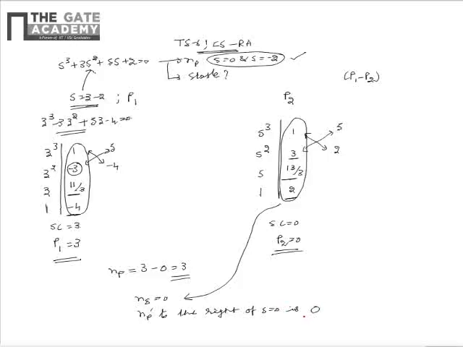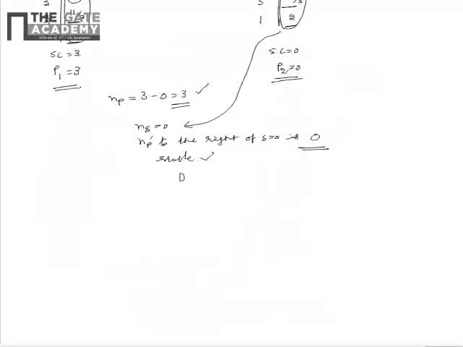Hence, from this we can say that all the poles of the given characteristic equation lie in the left half of S plane. So we can say that the system is stable. So we got the number of poles between s is equal to 0 and minus 2 as 3, and also we understood that the given system is stable. From this we see that the correct option is D.